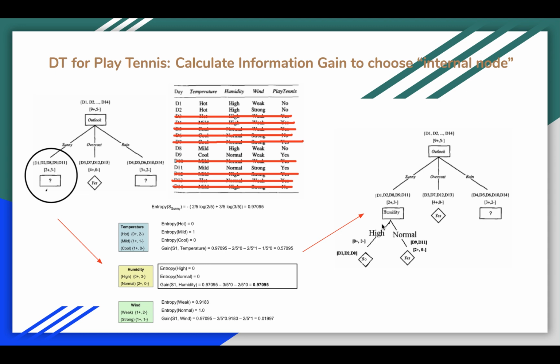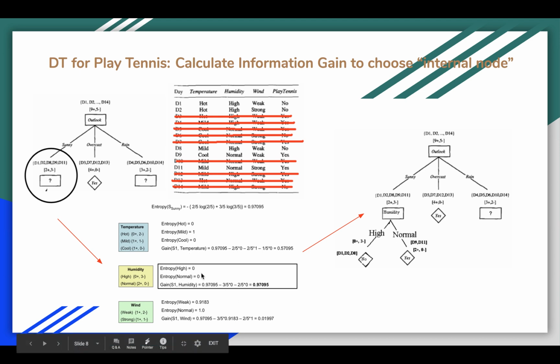Firstly, we need to calculate 3 information gains for these attributes: temperature, humidity, and wind, because we already have outlook now. For example, just focus on humidity. Humidity has 2 values now, high and normal. For the high, we have 3 training examples, and all of them are no. So it is a pure set.